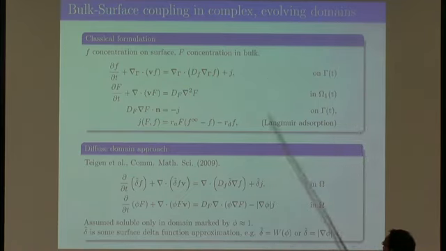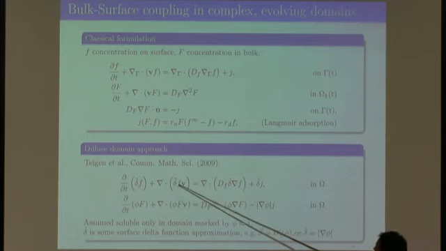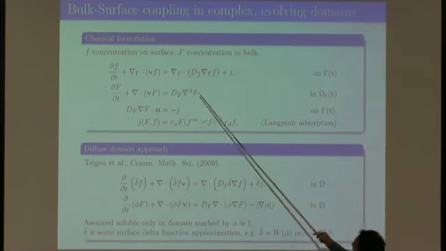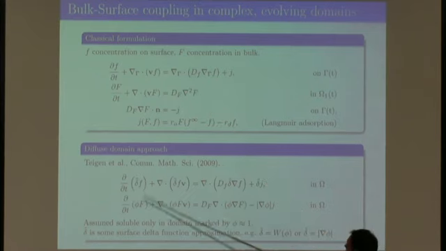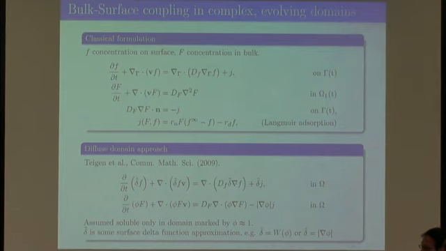So the surface equation is multiplied by a surface delta function, which appears now in all the differential operators, and the bulk equation in the cell is just multiplied by phi, for example, if you say that this bulk equation is supposed to hold in the domain where phi is equal to 1.